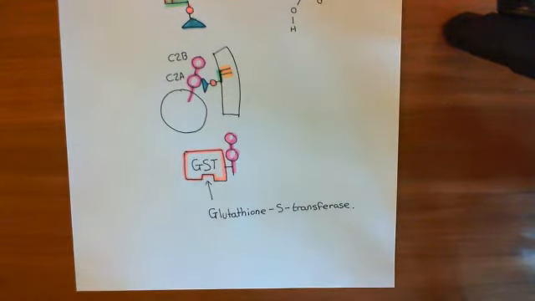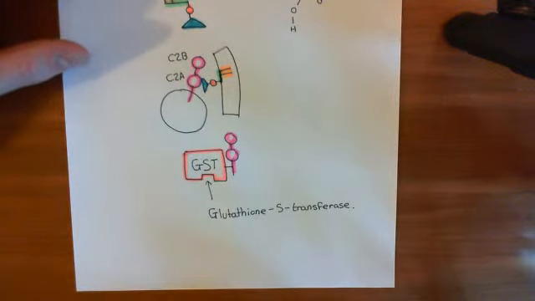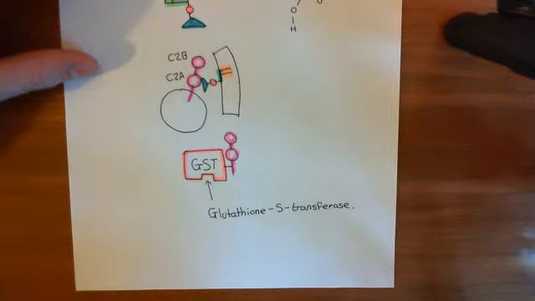But the enzyme intends to add the glutathione onto something else and therefore break this bond. However, it's a strong bond, so the important thing for us is that glutathione S transferase is simply going to bind to glutathione.